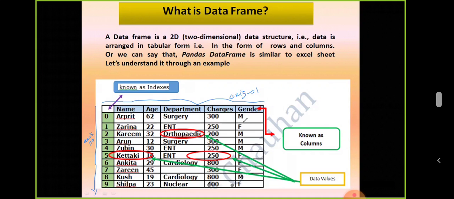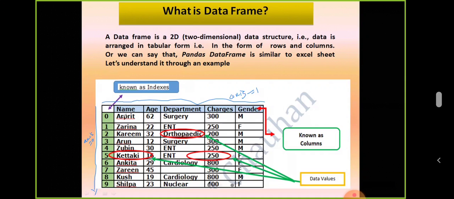Now these are my data values. Suppose I am talking about orthopedic, Ketaki, Zubin. These all are my data values. And each and every value in a data frame has a specific index. Suppose I am saying Arpit, it means Arpit is the first value in the column name, and the row index for Arpit is 0.